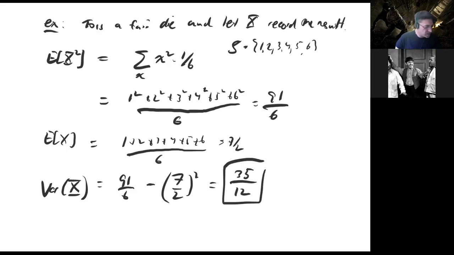By the way, I should say that the variance is a measurement of how far the random variable spreads out from its mean, from its expected value. Let me first save the slide and clear the screen.